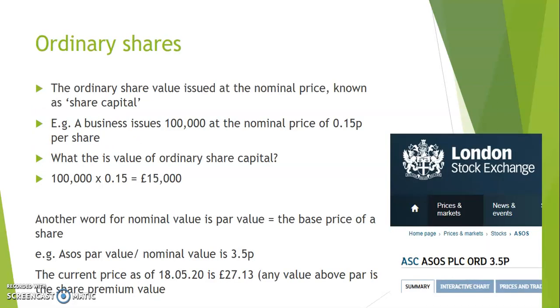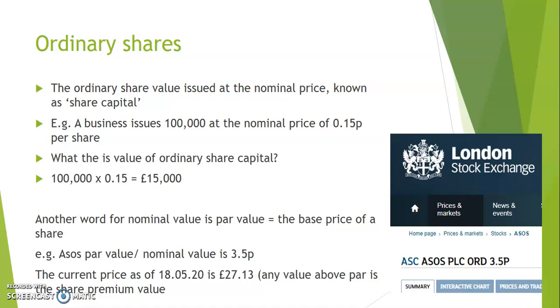So the first one, which is ordinary shares, these type of shares are the standard type of shares. Okay, shares that are at the base price. So every company that is listed on any stock exchange will have a base price for a share.